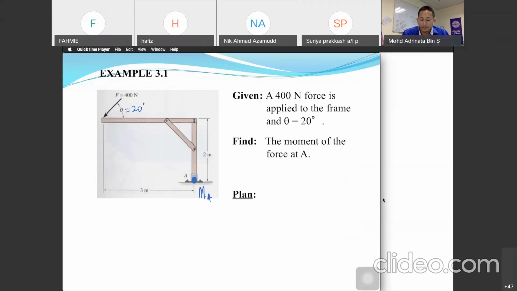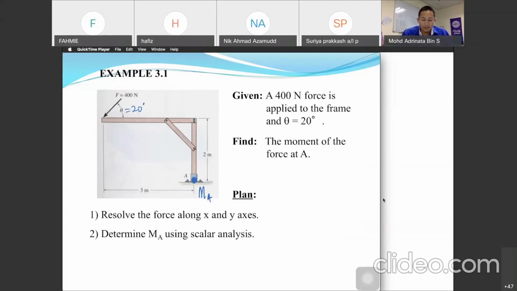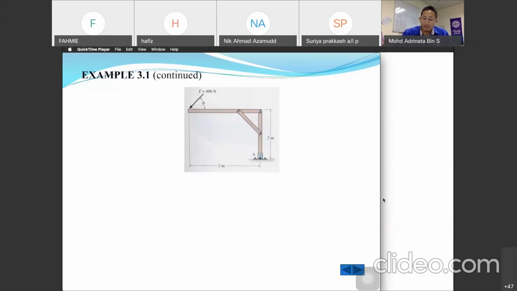What is our plan? Resolve the force along the X and Y axes, then determine MA using scalar analysis. For this you also need to use your right-hand rule.